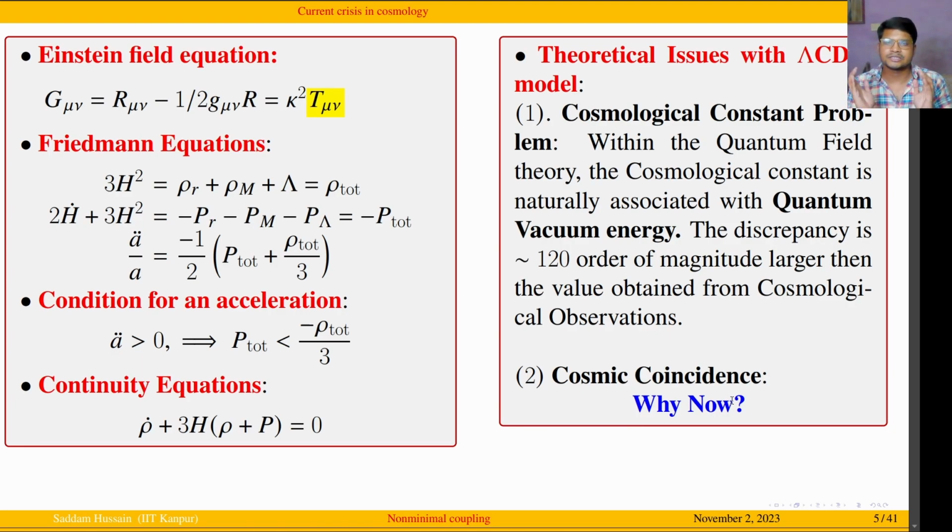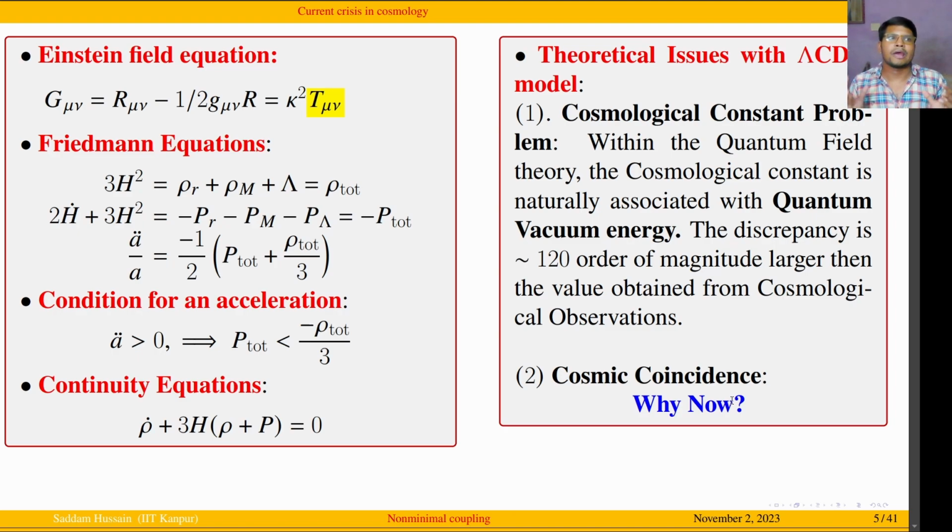Matter energy tells the curvature how to curve, and the curvedness of this curvature tells the matter how to move. So in some sense, they complement each other. In total, they decide how the universe will evolve, right?